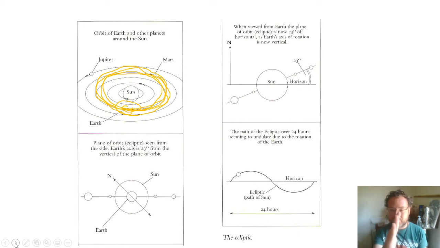Exactly, there's a 23-degree tilt of the Earth's axis, which means that we don't see the planets and Sun passing us in a straight line, but at an angle.